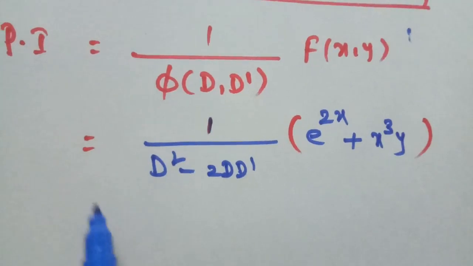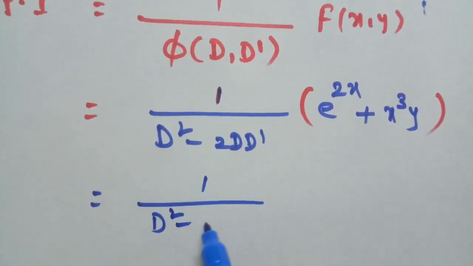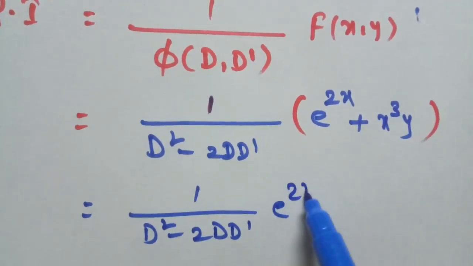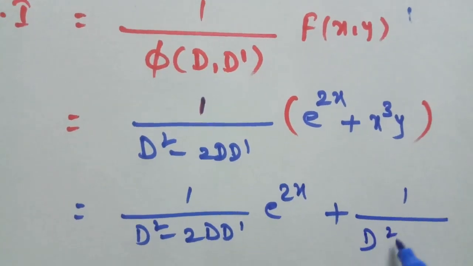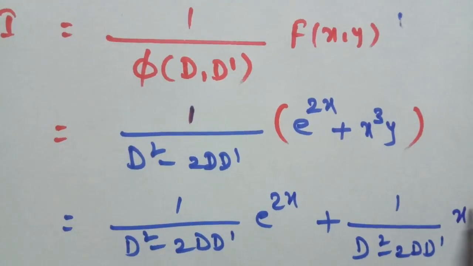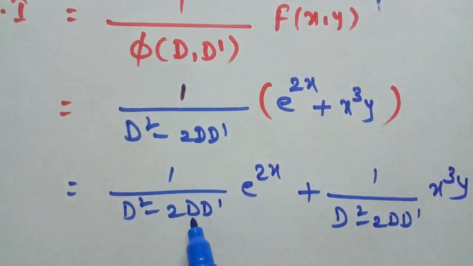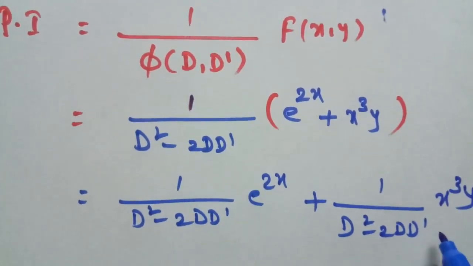Therefore 1 by D square minus 2D dash into e power 2x plus 1 by D square minus 2D dash into x cube into y. So this is rule number 1. This is rule number 3.